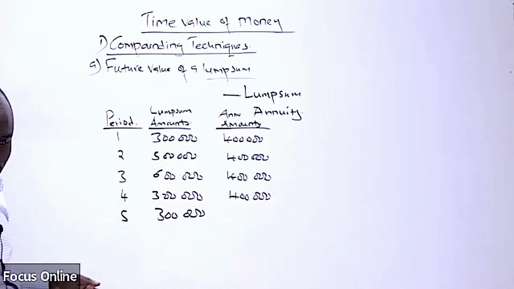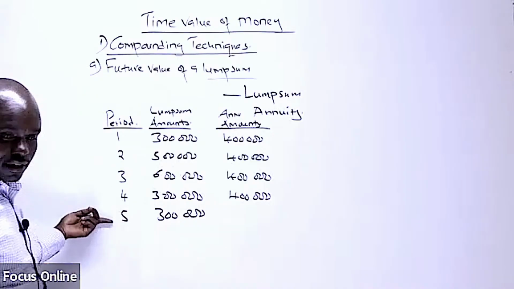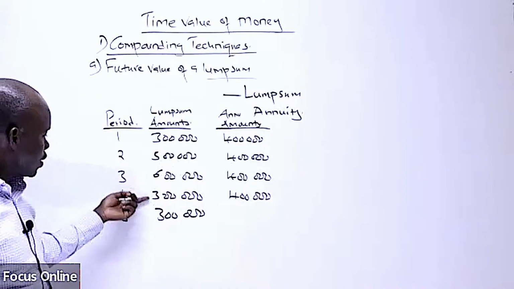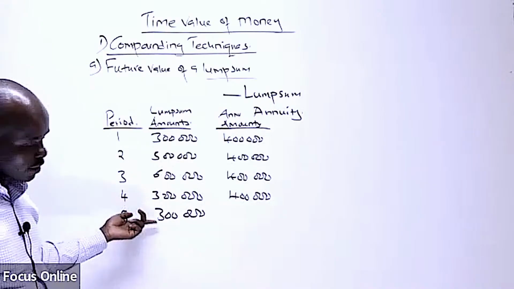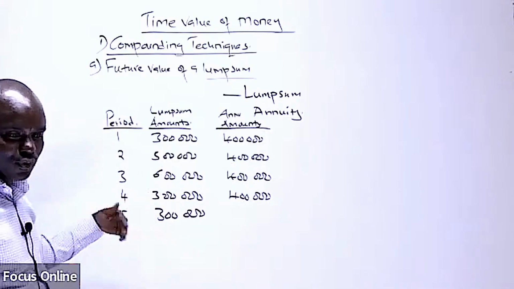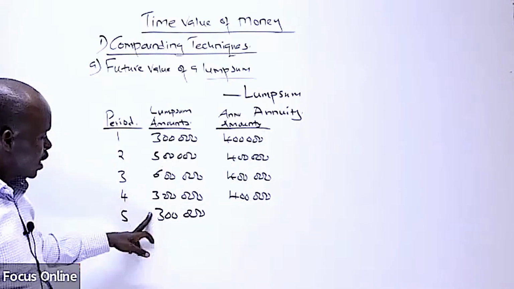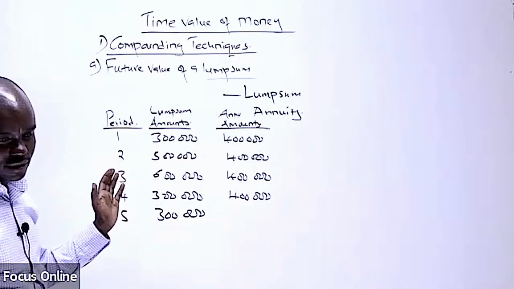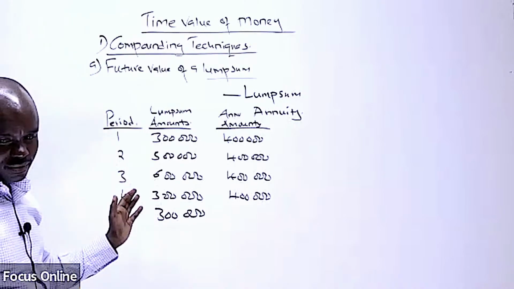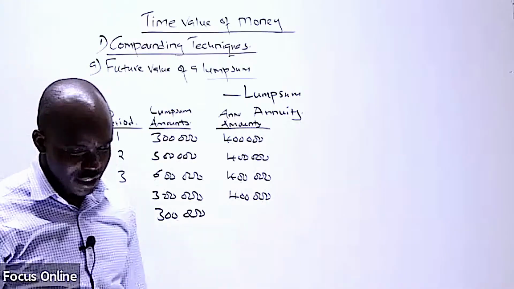So in year 4 and year 5, the 300,000 becomes an annuity because they follow each other. We have two 300,000s that follow one another, so they are annuities. I want to believe that is clear. Okay, fine, let's proceed.